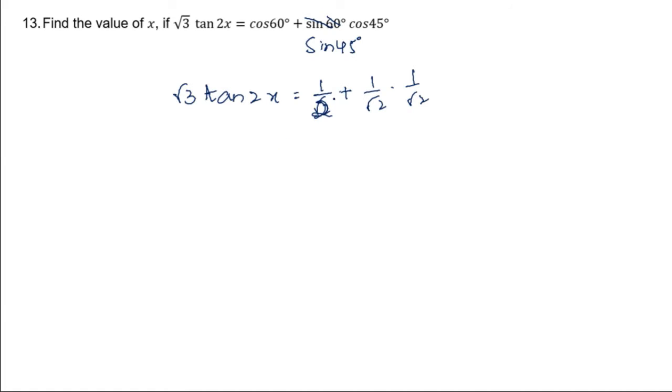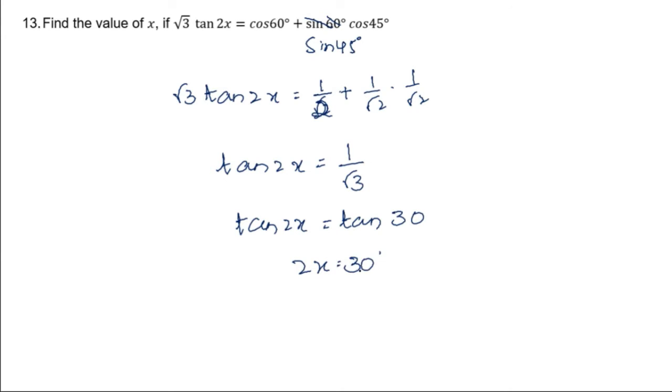This we will get as half plus half, it will be 1. So tan 2x will be equal to 1 by root 3, and we know that tan 30 degree is 1 by root 3. So 2x will be 30 and the value of x is 15 degrees.